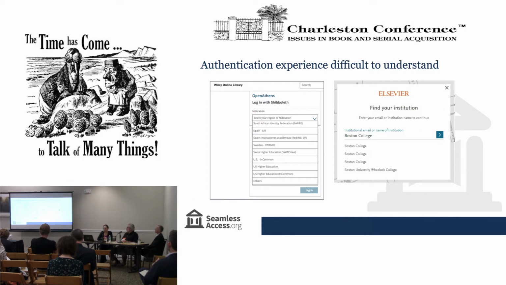If they figure out where to click, there's more challenges as they try to navigate through the authentication experience, and it can also be very inconsistently implemented across different vendor platforms. I've got 2 examples here. Wiley, and again, this is the way it looks in my system. Your system may differ depending on what federations you belong to.